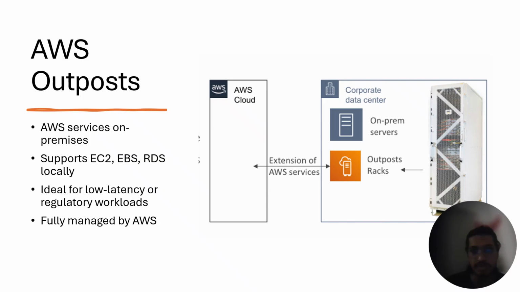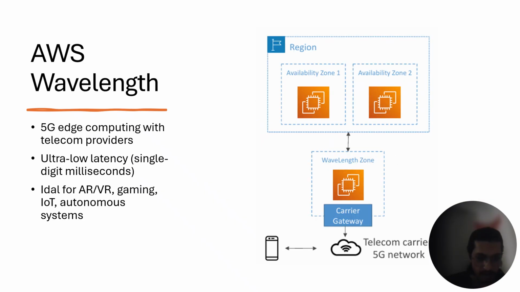Even from the picture you can see that this is the AWS Cloud and an extension of AWS services. Here we have on-premises servers and Outposts racks. It is something like using your own things.